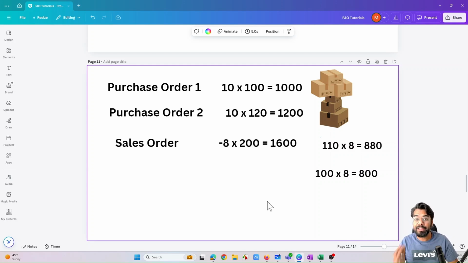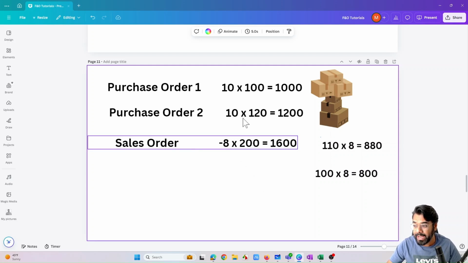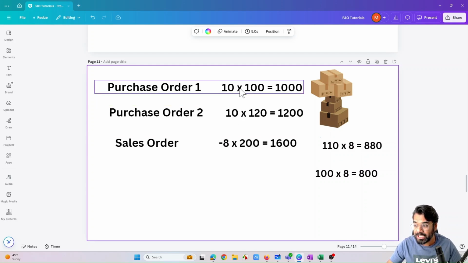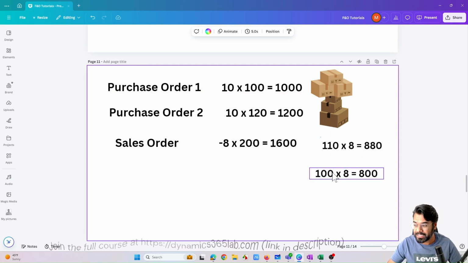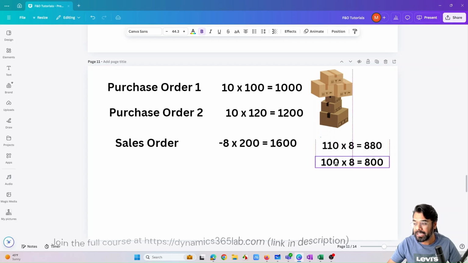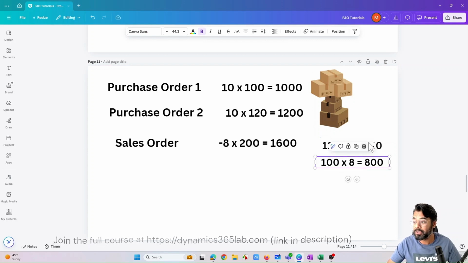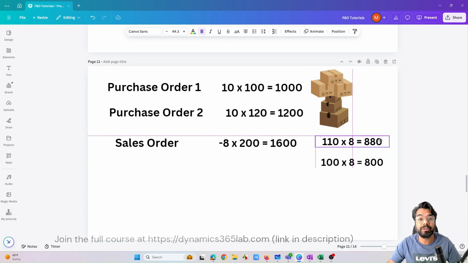If I'm following FIFO, then according to the FIFO logic, since I'm selling only 8 out of 20, the initial 8 are gone from the first batch of the purchase order. Since the 8 are gone from the first batch, the cost price is only $100 each. So realistically it needs to be $800 as the cost, not $880, which is just a temporary cost price.